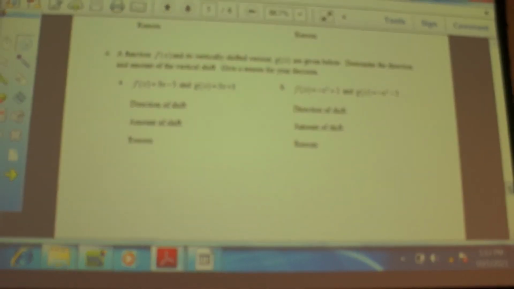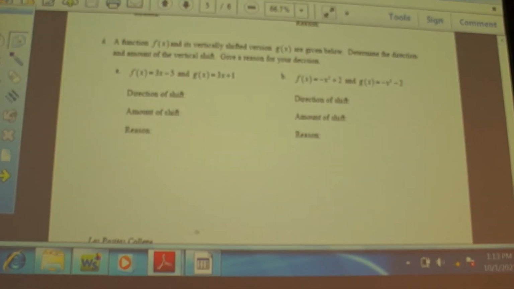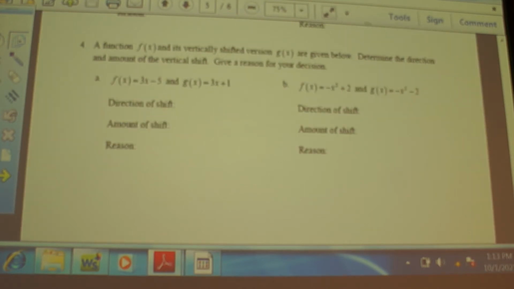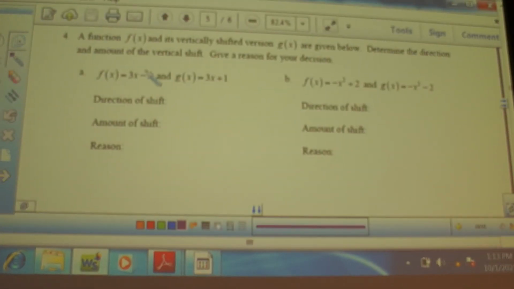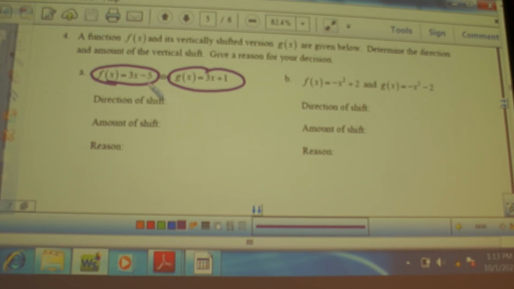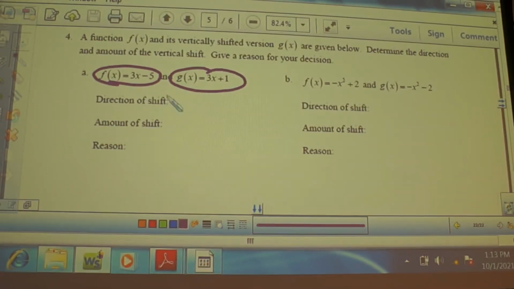All right, so that is your homework. Then there's this one, which is sorting out the amount of the vertical shift. So you have to look here and see what's going on with this one. Did I add something to it or subtract something to get there? So what's different?